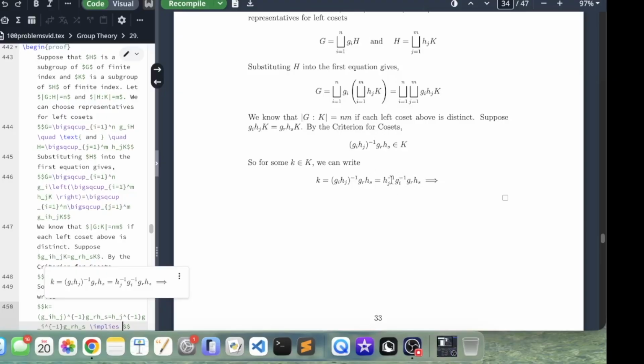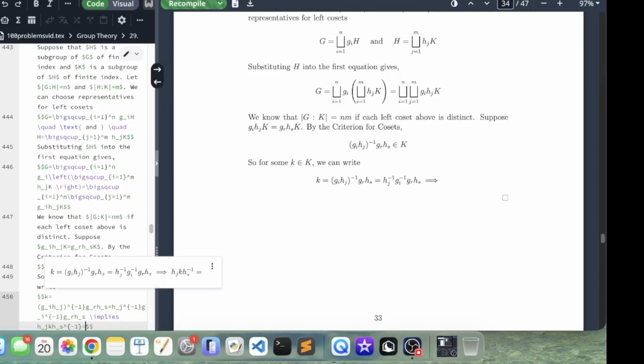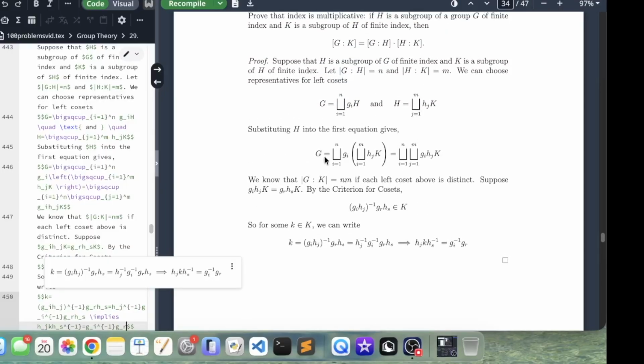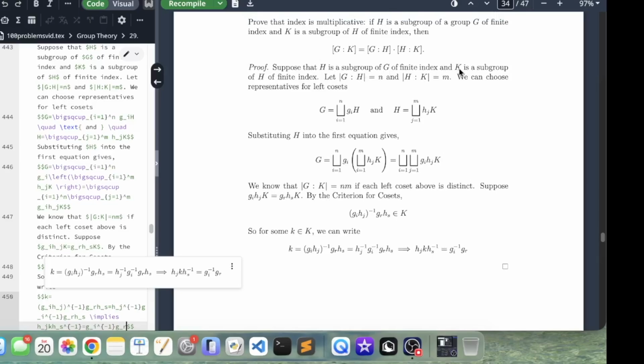If I multiply on the left by h_j and on the right by h_s inverse, we would get h_j k h_s inverse equaling g_i inverse g_r. Okay, K is defined to be a subgroup of H, so K is contained in H as well, and h_j and h_s are also in H. So this entire thing is in H, and it's equal to this, so this guy is in H.